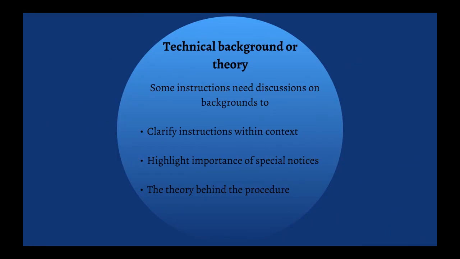Technical background and theory. Now, some instructions need discussions on backgrounds to clarify the instructions within context, to highlight the importance of special notices, and also to give an idea of the theory behind the procedure.